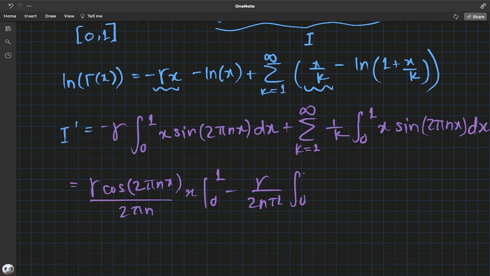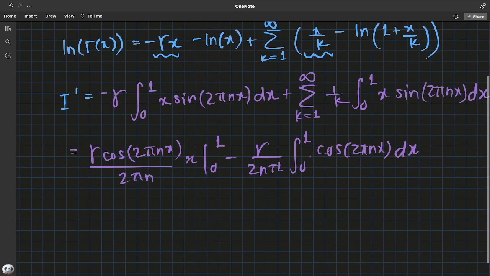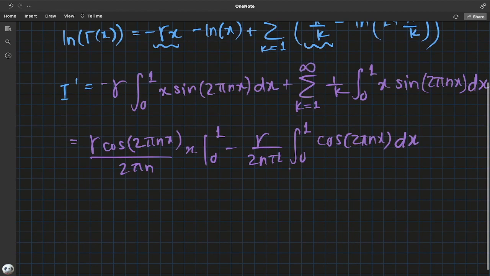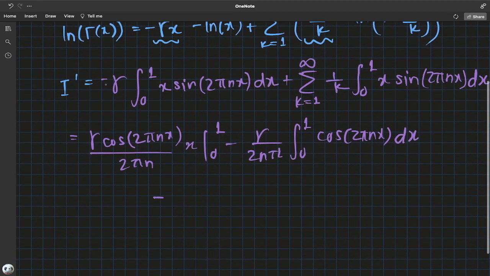Integral from 0 to 1 of just cosine of 2 pi n x dx, and I'm going to have a similar sort of thing going on, except I'll have a negative because there was no negative to cancel that out.